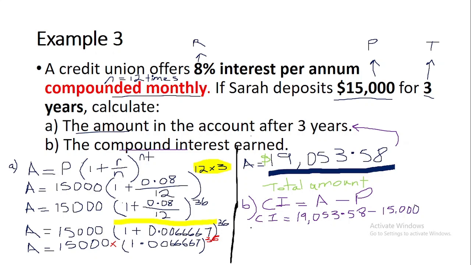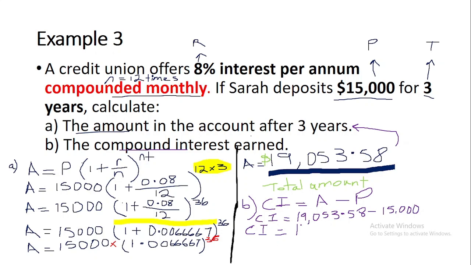Alright, and after subtracting, we'll have our compound interest. 19,053.58 subtracted by the 15,000 is gonna be equal to 4,053.58.